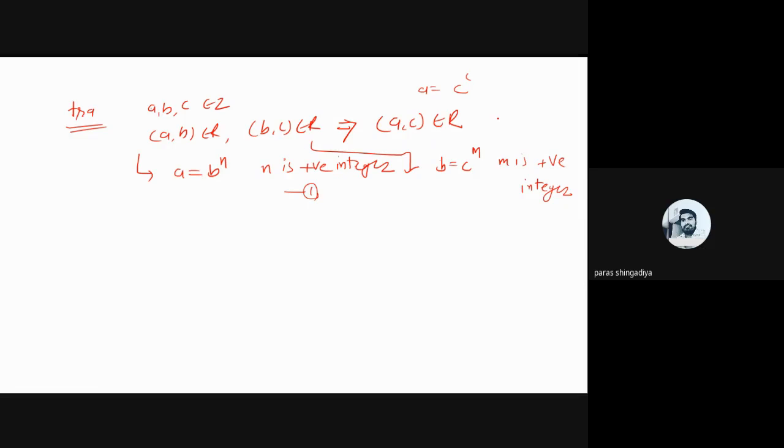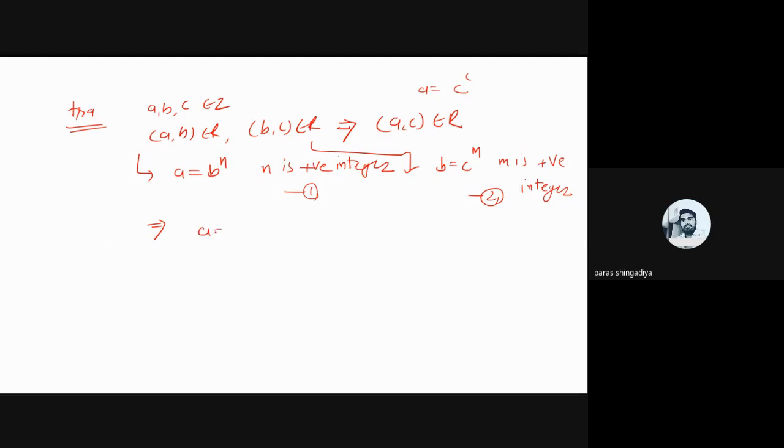Any power you can consider, which should be a positive integer. You have to prove this by using these two formulas: one, and second, b is equal to c raised to m. To use both formulas, consider them as one equation.